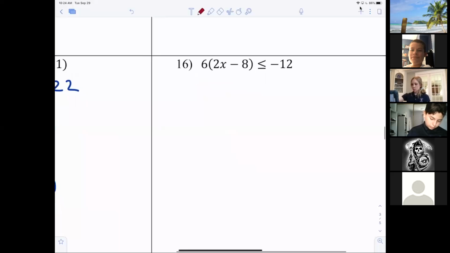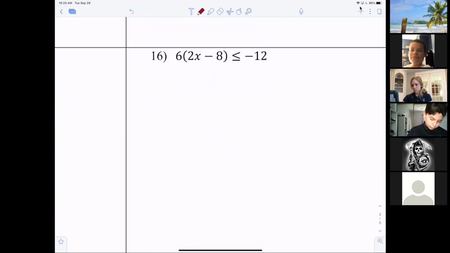Now here, guys, I just automatically distributed yesterday, but you guys are smarter. I always say instead of distributing, if it's possible, we can just divide by 6. Divide by 6 if you can. So in this case, we have 2x minus 8 is less than or equal to negative 2.